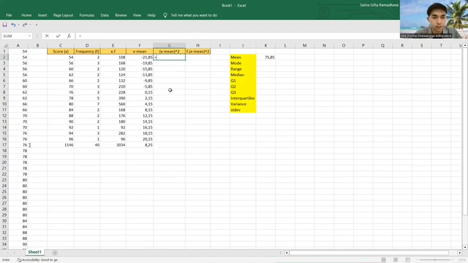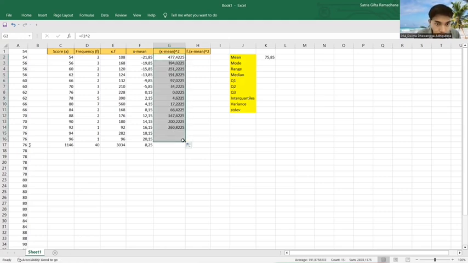First is press equal, and then click in the first x minus mean, and then do the square symbol, like this, and enter. So we already have the first score minus mean square. Just do like this again, and don't forget to the sum as well.